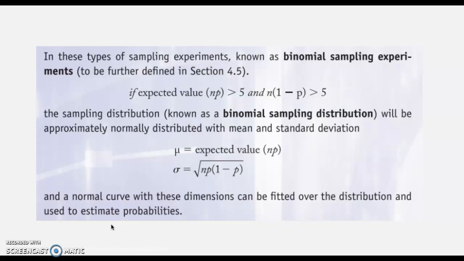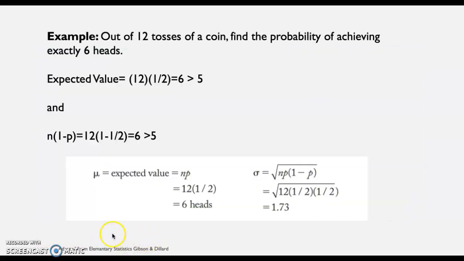Now, let's look at an example to see how this works. Here is the same example. Out of 12 tosses of a coin, find the probability of achieving exactly 6 heads.